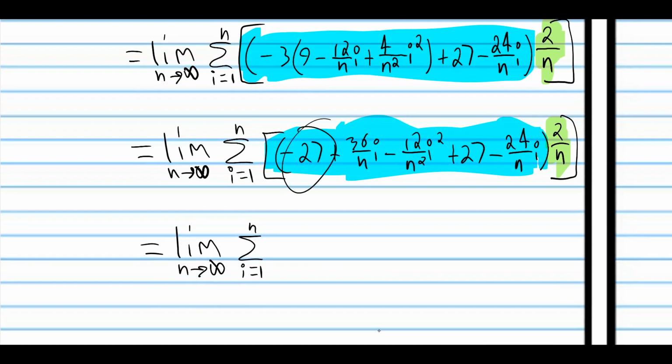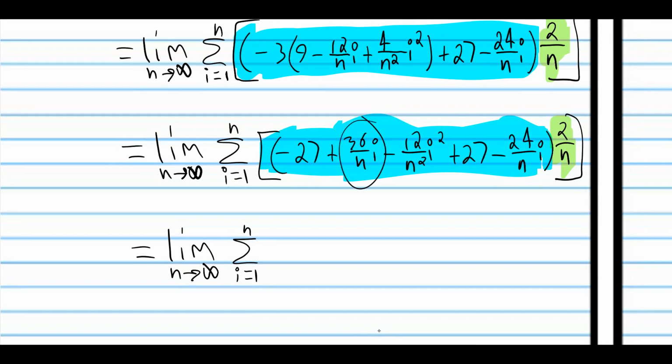Okay, so notice that these 27s cancel out. And 36i over n minus 24i over n is 12i over n. We have minus 12 over n squared i squared.